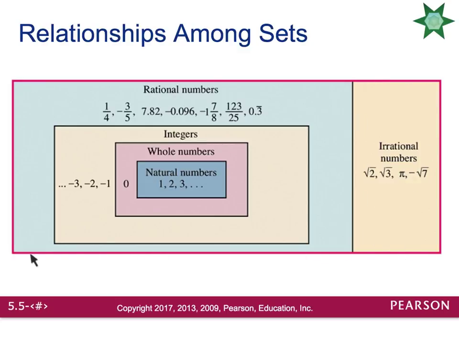And now we're combining them with the rational numbers, so let's see how those are built up. Remember we started with the natural numbers, 1, 2, 3, 4, 5, 6, 7, and then we added 0, so now we have the whole numbers. Then integers include the negatives, so now we're in this bigger box, including all the negatives and 0, 1, 2, 3, 4.